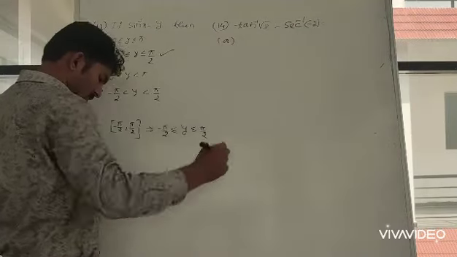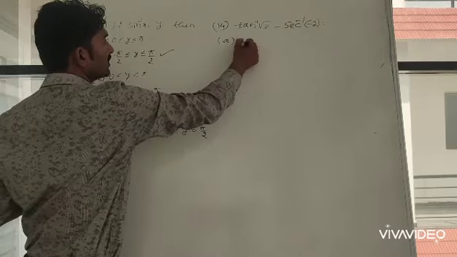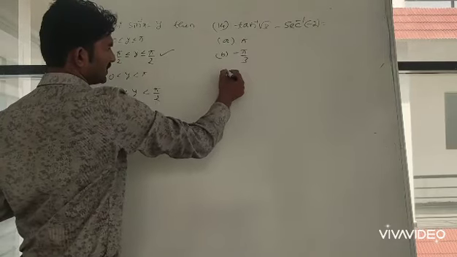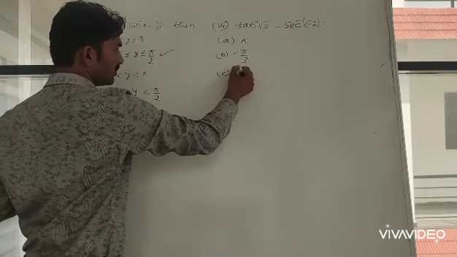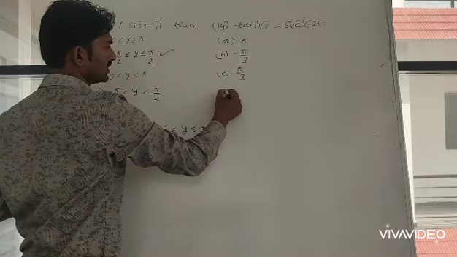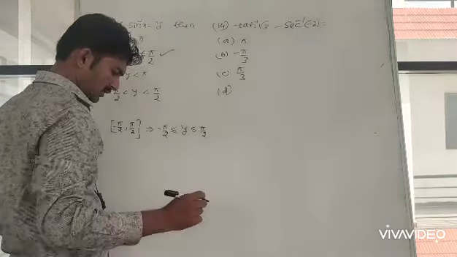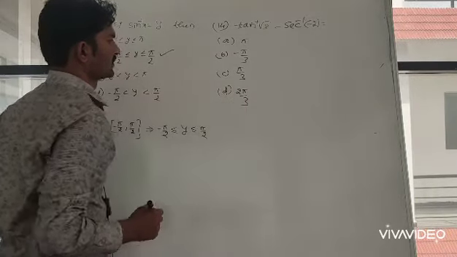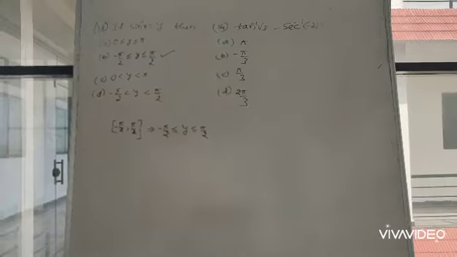Here options are pi, minus pi by 3, plus pi by 3 and 2 pi by 3. These are 4 options. Which one is the right answer?